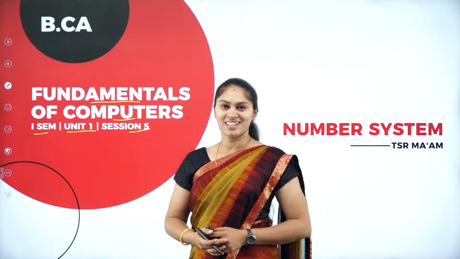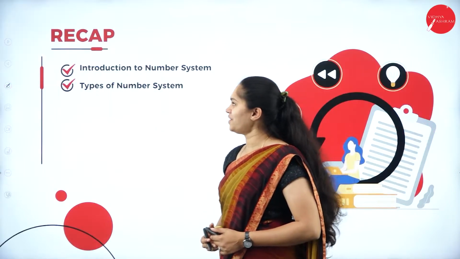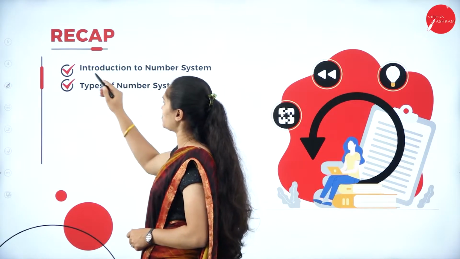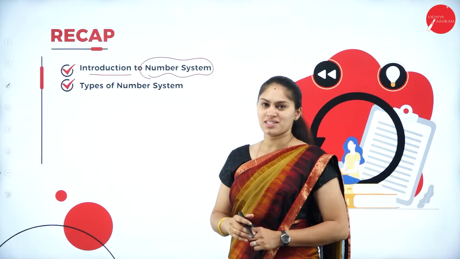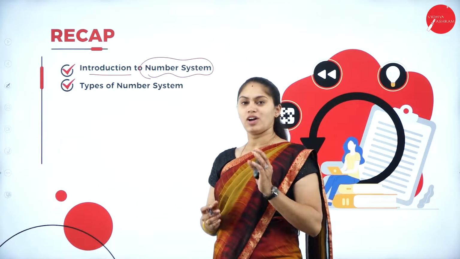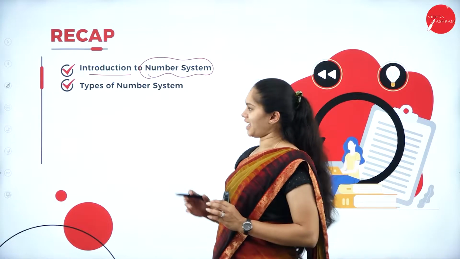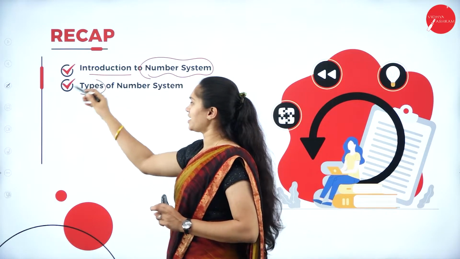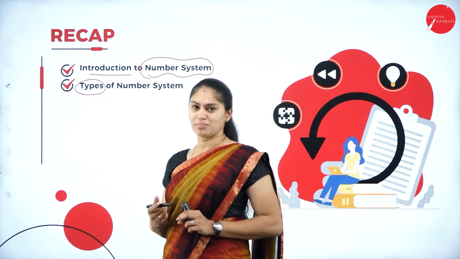Before getting into today's session, we'll have a quick recap of our previous session. As we discussed in the last session of this unit, we had a discussion regarding the introduction of the number system. We got to know the definition of number system and why it is necessary, and also the types of number system. We have positional and non-positional number systems.